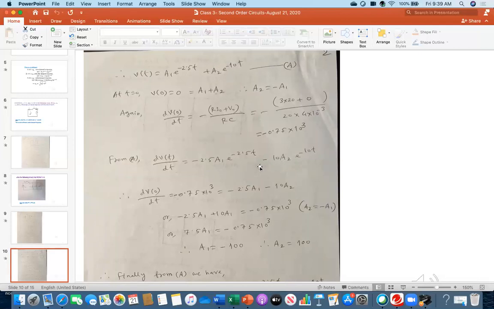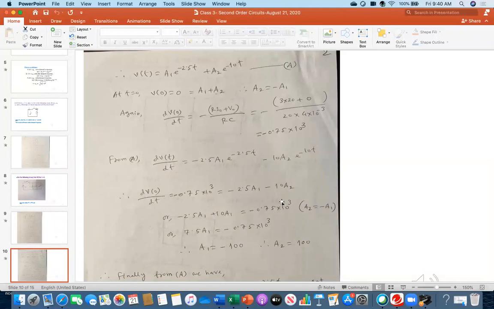And why did I do that? Because this is dv naught by dt, which we calculated. Now in this expression, make dv naught by dt. So dv naught by dt means this, and then from here this portion is 1, so minus 2.5 a1, and here minus 10 a2.